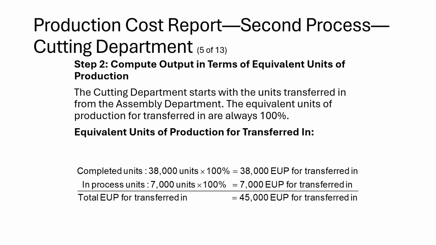The equivalent units of production for transferred in are always 100%. So we have here equivalent units of production for transferred in. Completed units, 38,000 units times 100%, of course, is 38,000 EUP. And then in process units, we have 7,000 EUP for transferred in. So the total EUP for transferred in is equal to 45,000 EUP.